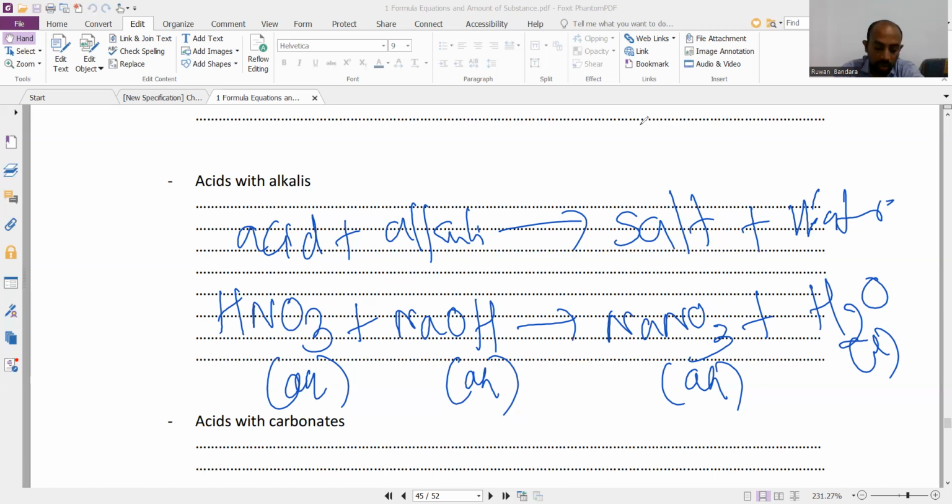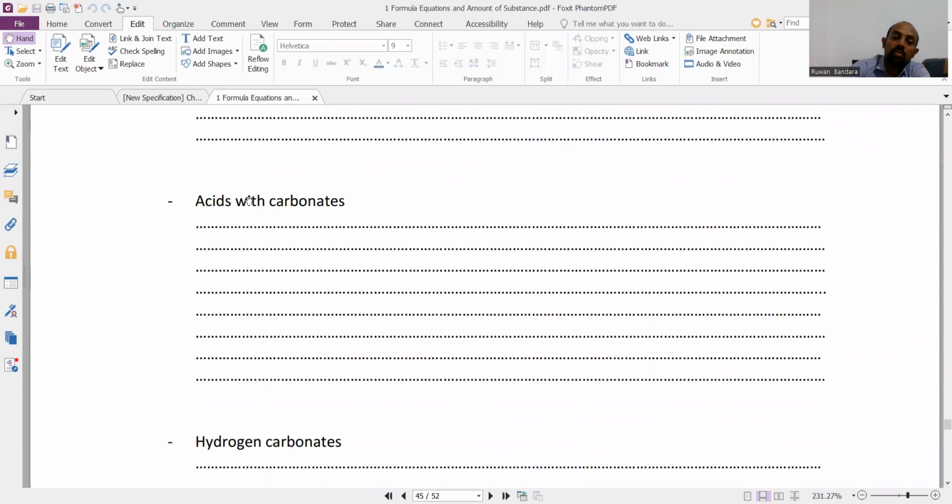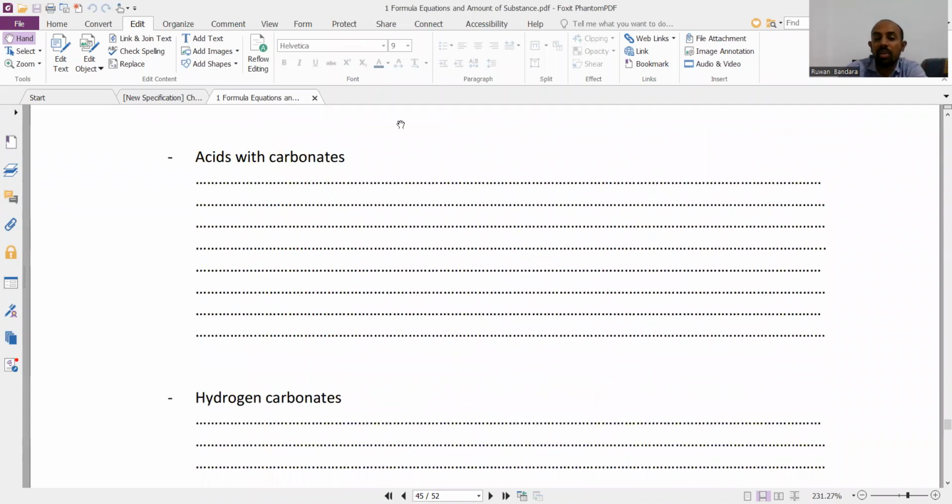Right. Last one. Acid with carbonates. Two are there. Acid plus carbonates and acid plus hydrogen carbonate.